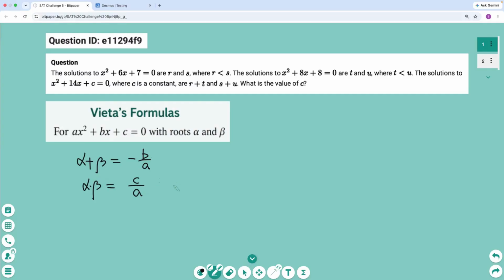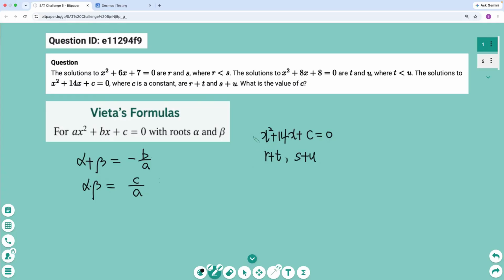Now, let's look at the third equation again. x squared plus 14x plus c equals 0. Its roots are r plus t and s plus u.